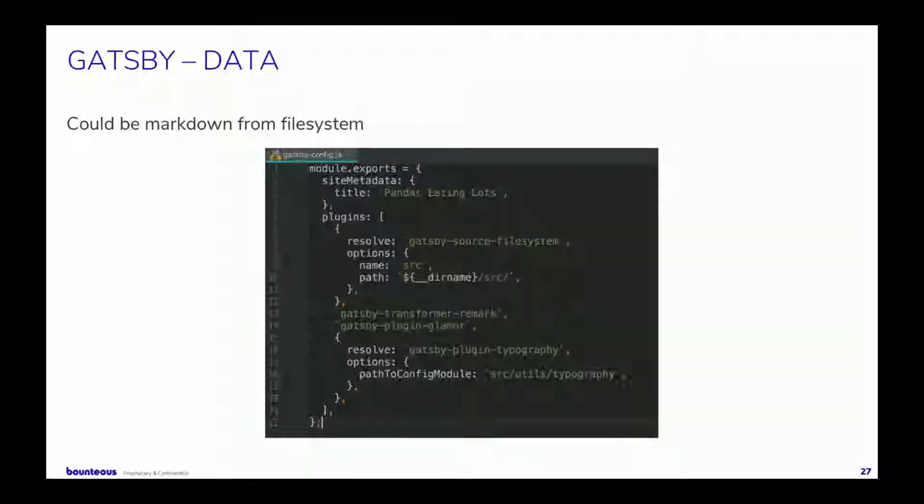So it specifies the directory that it's going to look for files in your file system. And then the next one, gatsby-transformer-remark. Remark is a markdown library. So it takes the files from your file system that are markdown and structures your markdown data nicely so you can query it. And there's a bunch of other cool markdown-related plugins and tricks you can do.